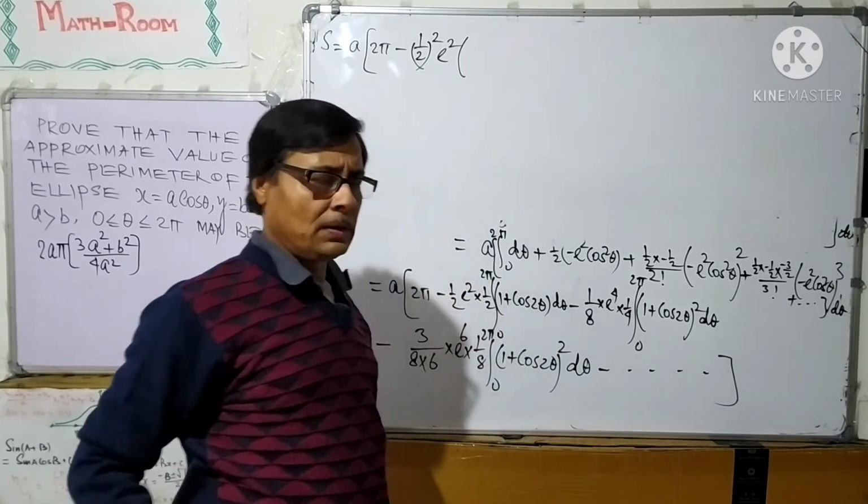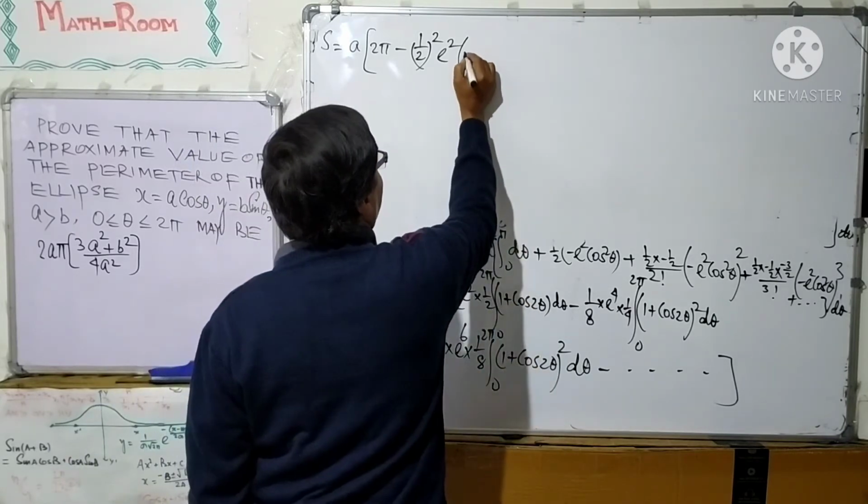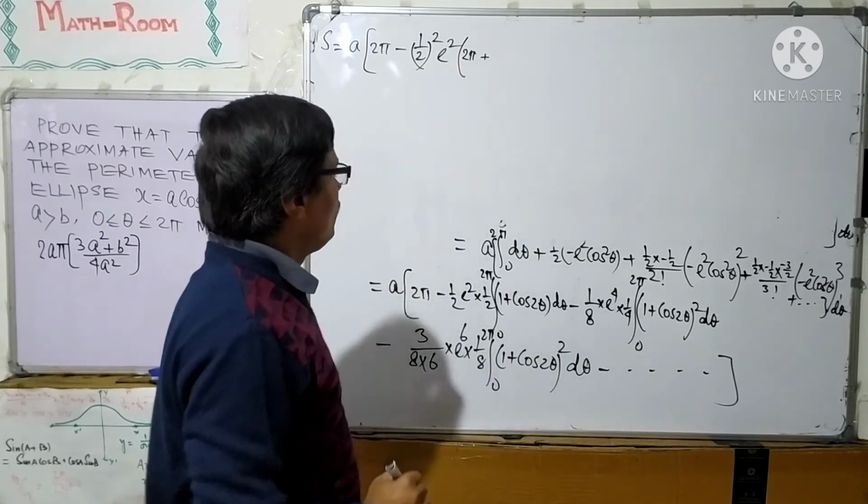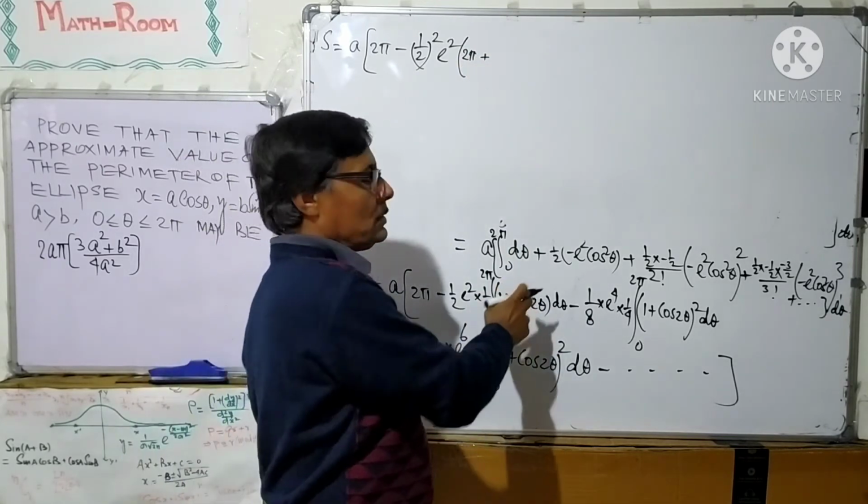Integration 0 to 2 pi d theta is 2 pi, and integration 0 to 2 pi cos 2 theta d theta is 0.